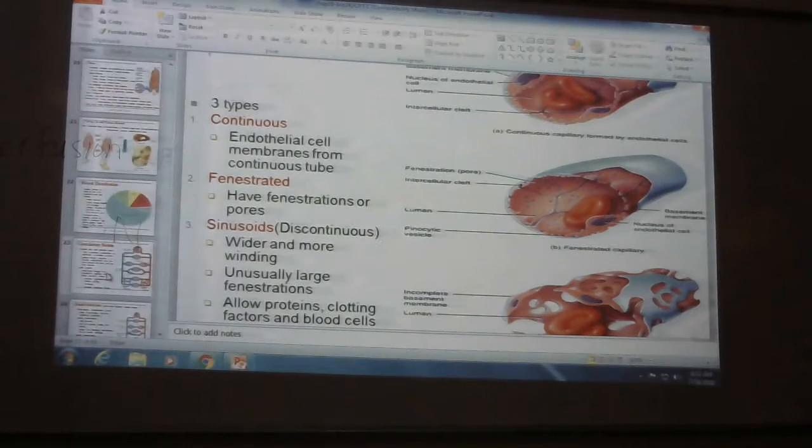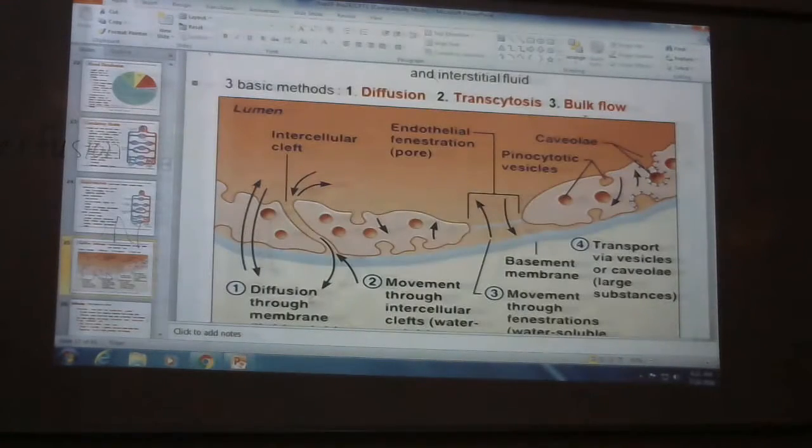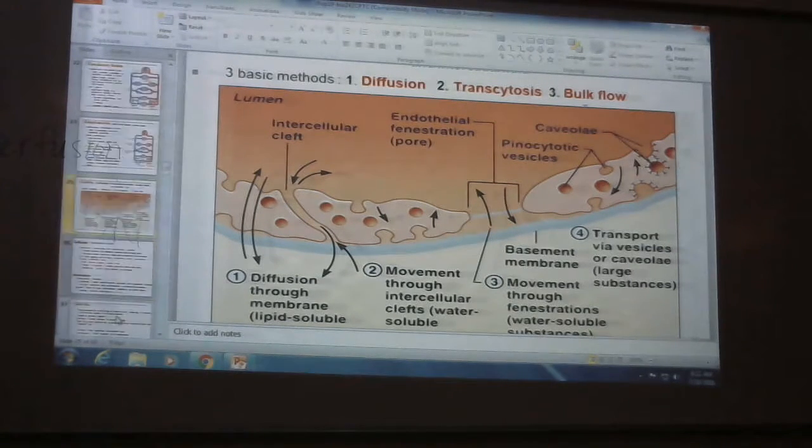And tissue perfusion happens because of different forces. So here, this is how perfusion happens. It can pass through diffusion. You know diffusion, we're moving from an area of high concentration to low concentration. That can happen, endocytosis, exocytosis.